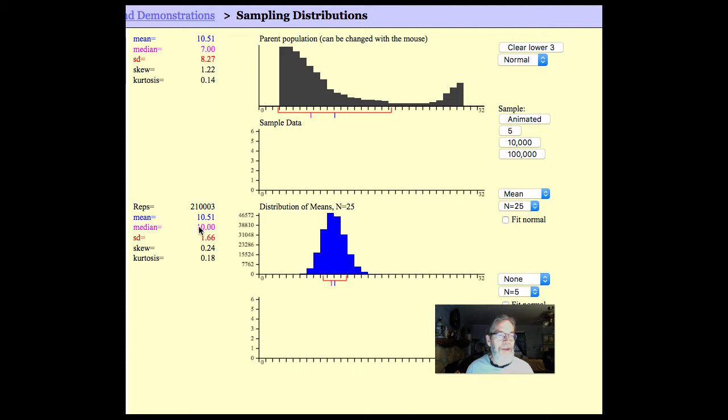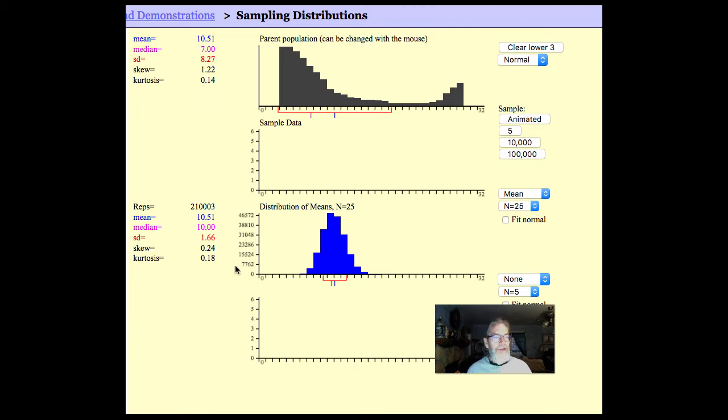This is one of the 210,000 samples that could have been taken. So it's going to be pretty darn close to the population mean, within a standard deviation. Now, do I know what the population mean is from a single sample? No, unfortunately we can't do that.